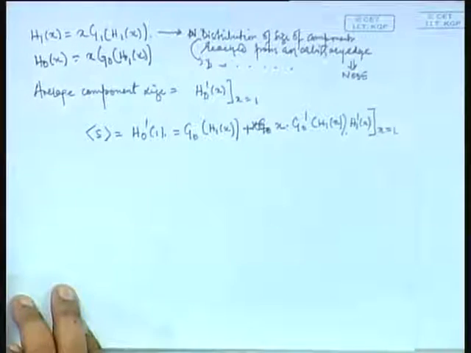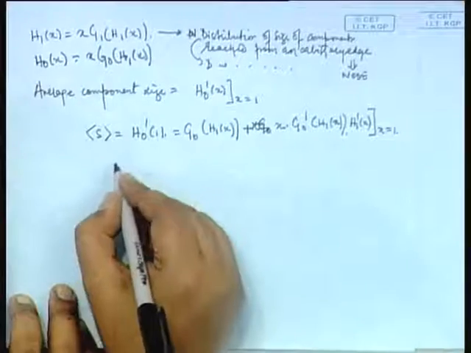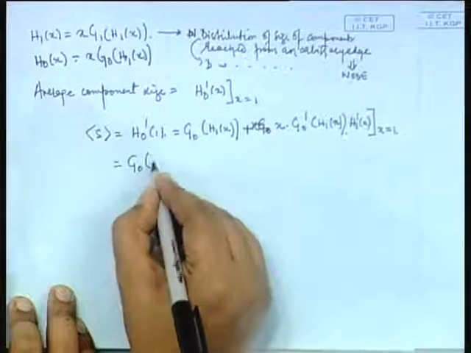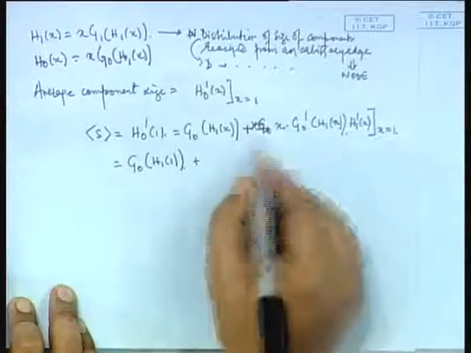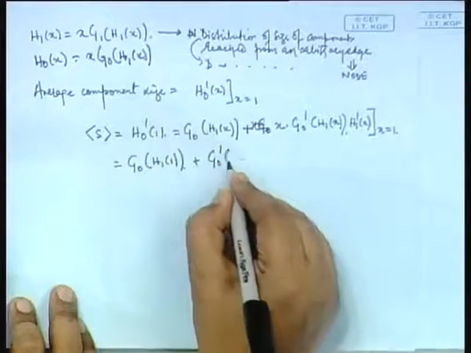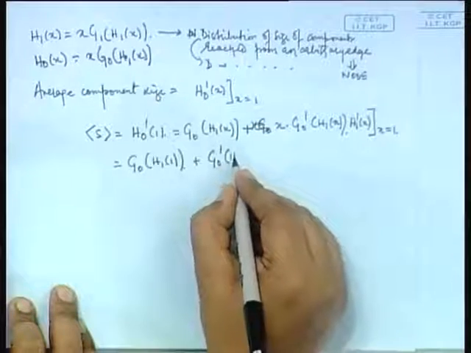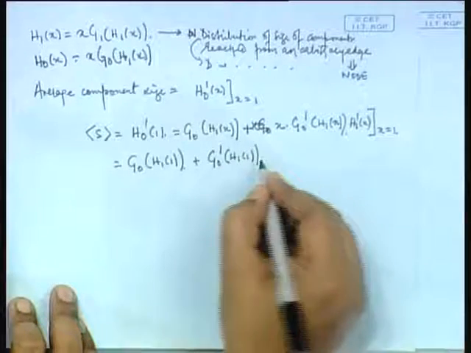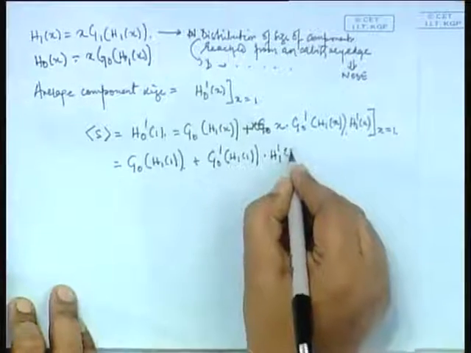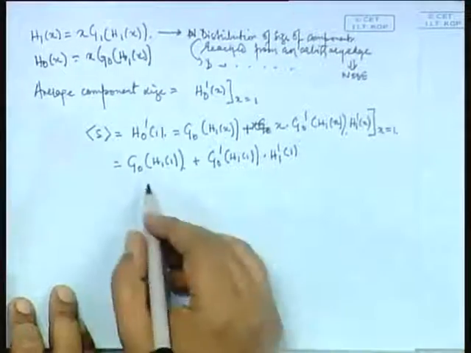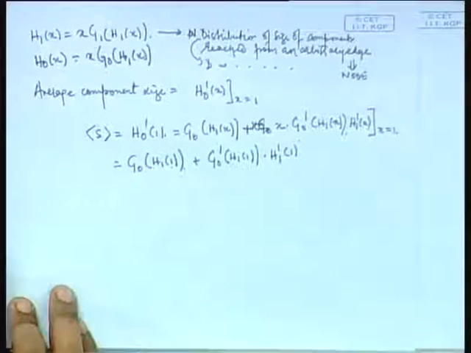So, this becomes G0(H1(1)) plus G0'(H1(1))·H1'(1). So, what is H1(1)?